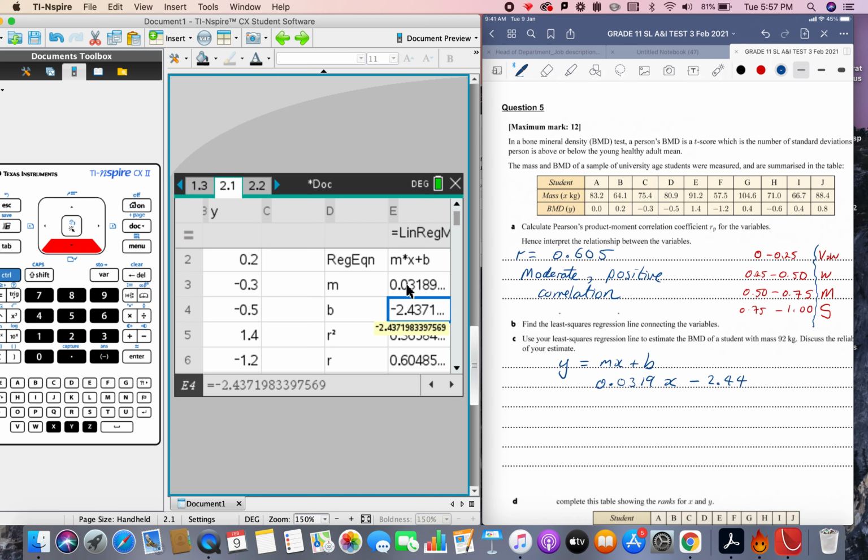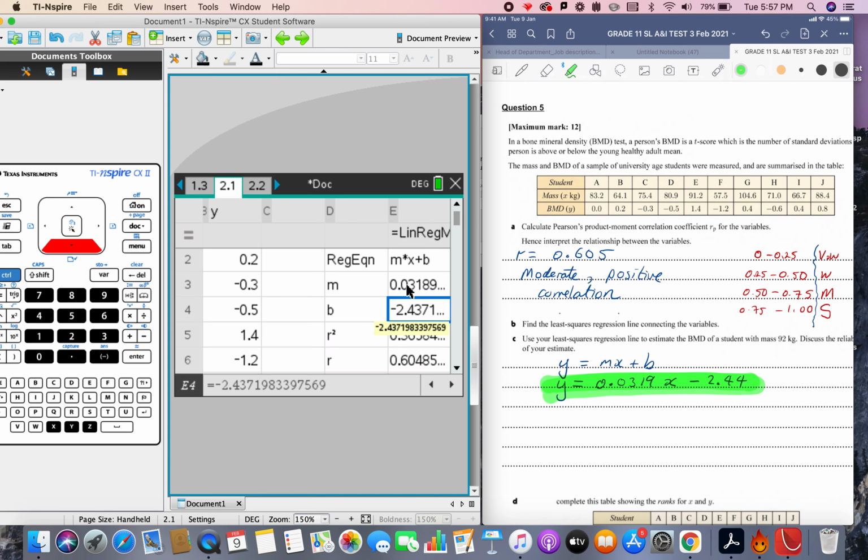I've done those to three significant figures. So this is the link between the Y value, the bone mineral density, which is how strong the bones are, and the weight. Weight or mass in kilograms gets fed into the linear model, and out comes a bone mineral density.